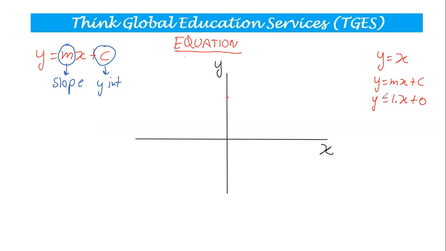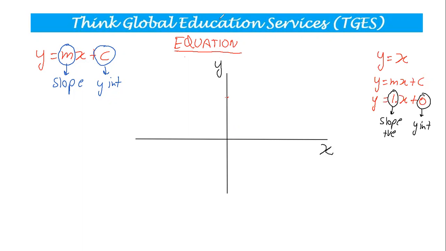Now if I analyze here, the slope is 1, or I can say the slope is positive. And I told you in the last class that if the slope is positive, the line will definitely be ascending, and the y-intercept is 0. That means it is passing through the origin.